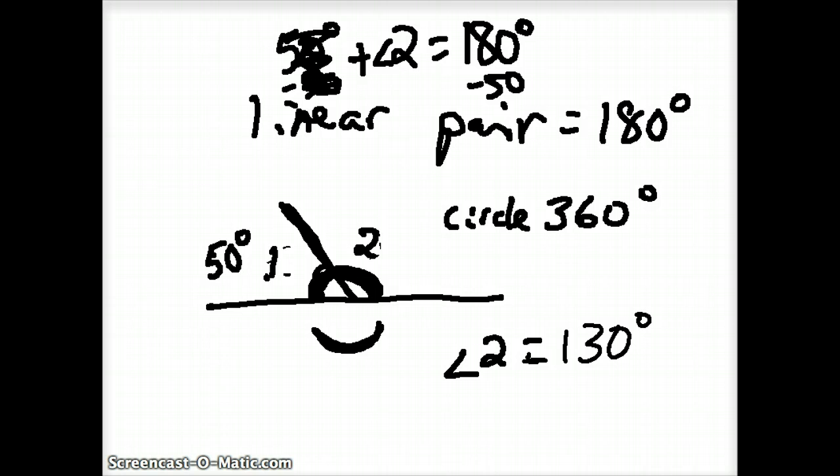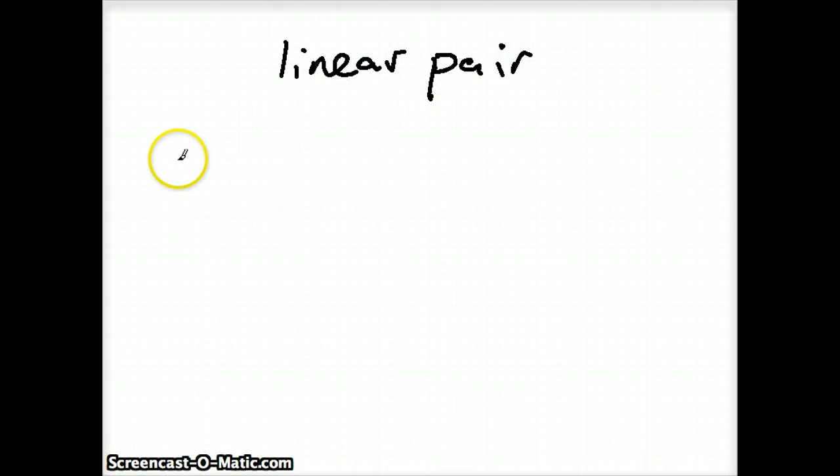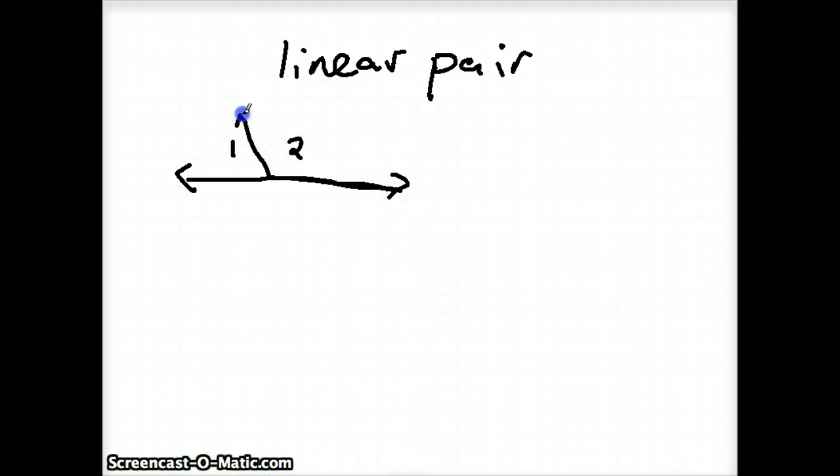Let's do another one a little bit more challenging here, and if you're watching this video, pay attention because this may be a bonus on your test coming up. So we know we have another linear pair, but let's draw a picture. Here's angle 1, here's angle 2.